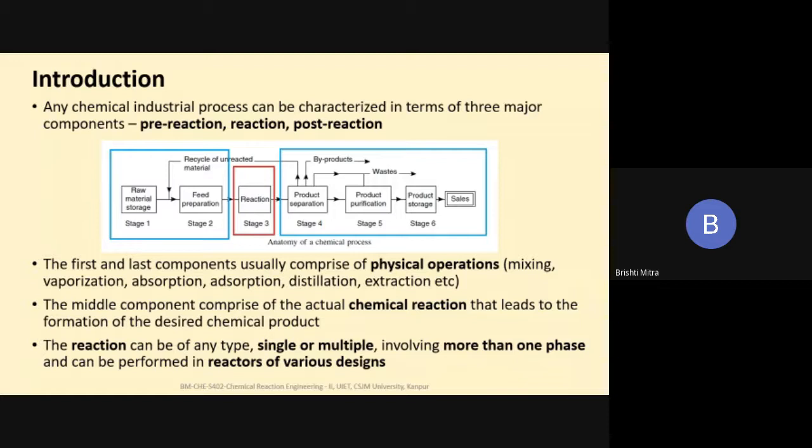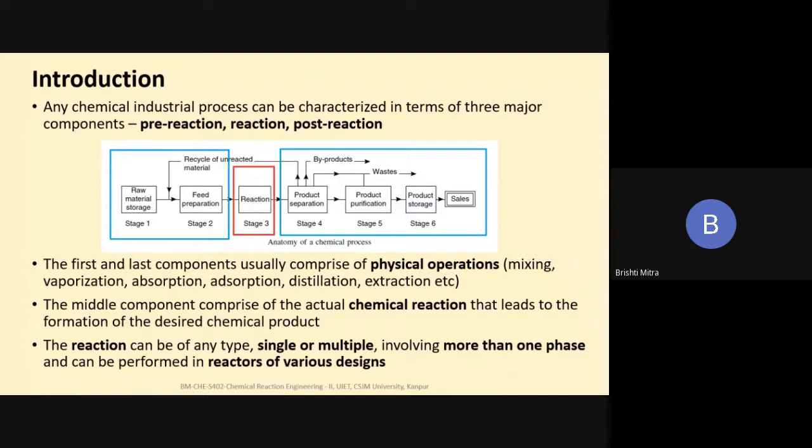These have to be removed from the primary product. Otherwise, we will not be able to sell the product in the market. So the separation steps beyond the reaction step, and the separation and purification steps, all of these together form the post-reaction set of components.